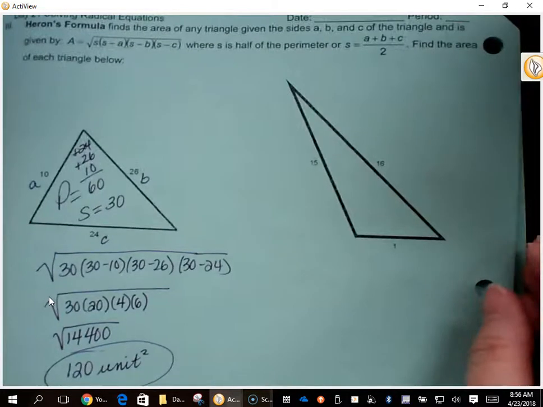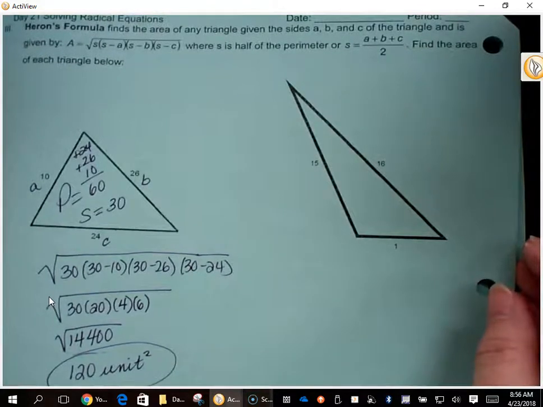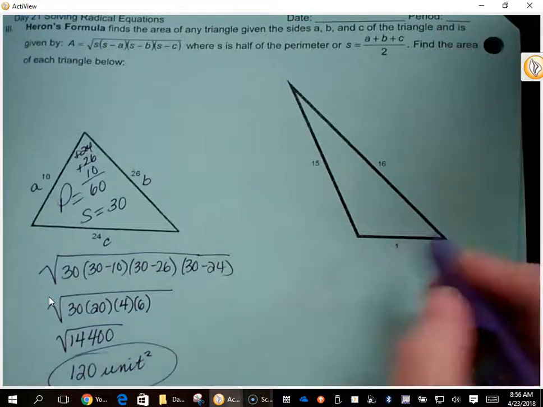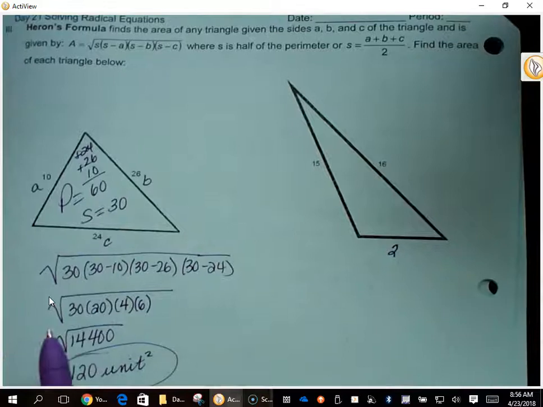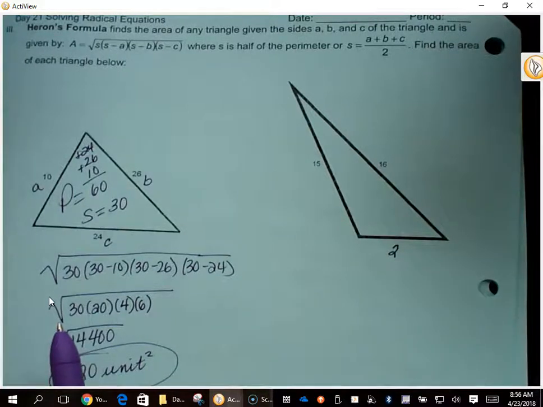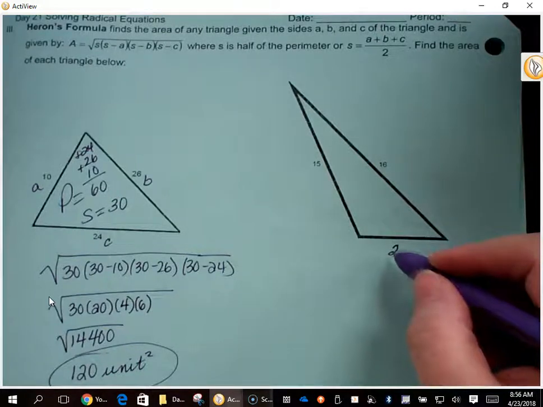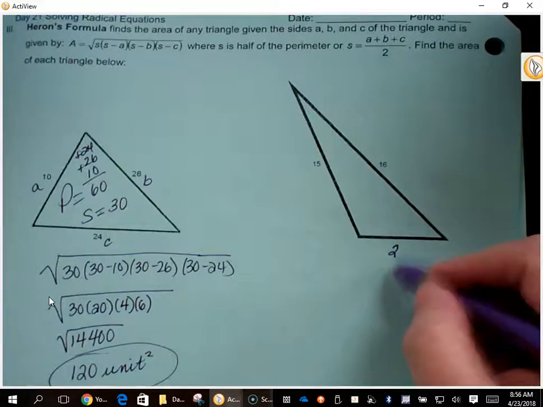So taking a look at the next, I changed this to 2 because of the triangle inequality theorem, which says that the sum of any two sides has to be greater than the third side.